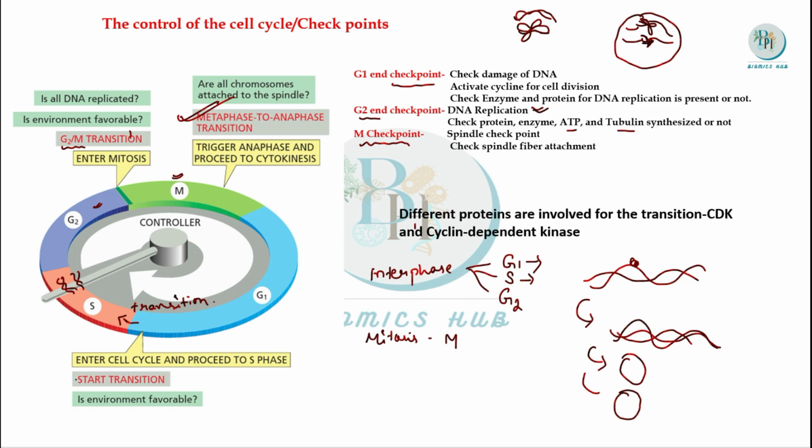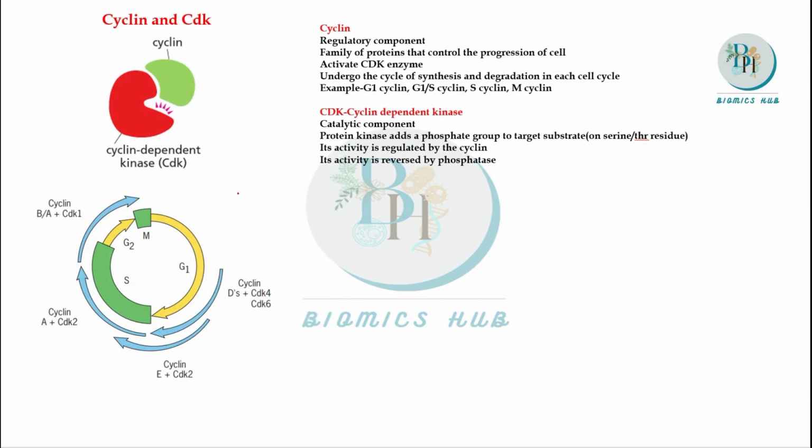So when this cell is going through the cell cycle, there are some proteins which are regulating it. What are the proteins? The proteins which regulate the cell cycle are the cyclin and the CDK. This is a complex and this complex is known as MPF, that means maturation promoting factor.